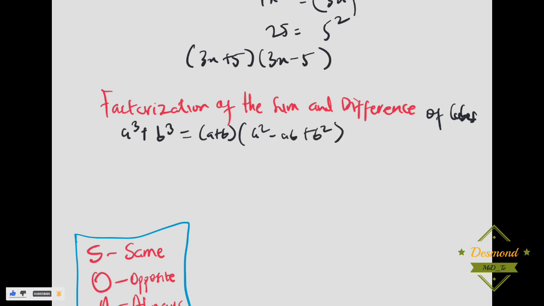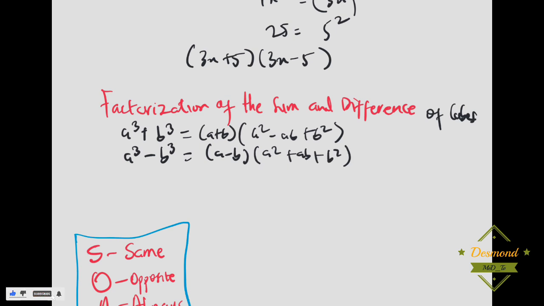Similarly, the difference of cubes can be factored into a binomial and a trinomial, but with different signs. If you have a cubed minus b cubed, it can be factored as a minus b multiplying a squared plus ab plus b squared.